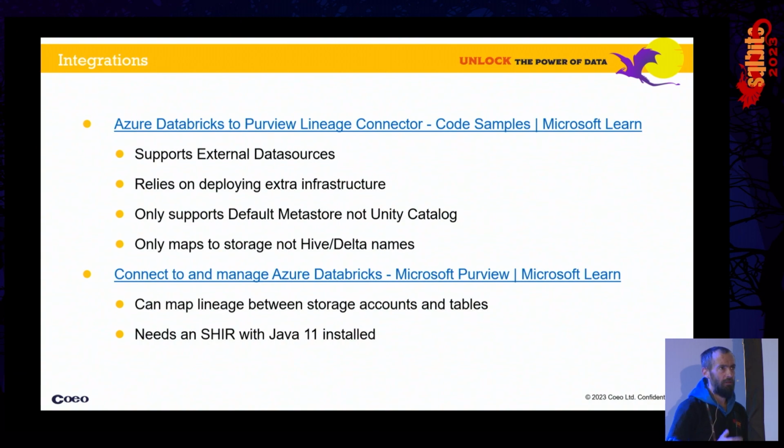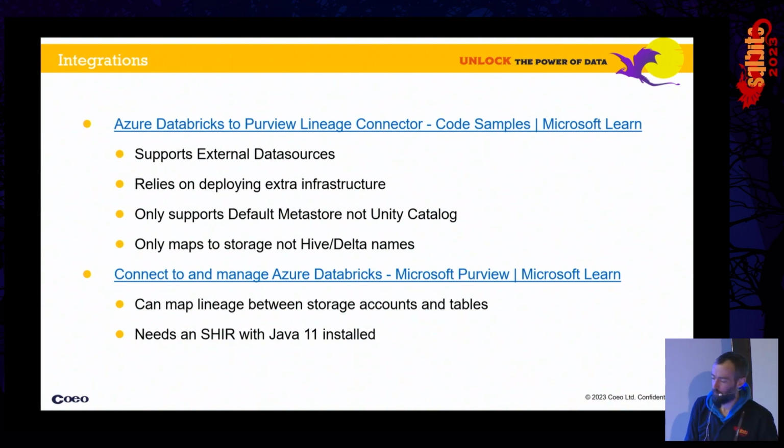So if we were to recap a little bit, we have two data governance solutions. We want to be able to see everything in one place. We have some great APIs we can use. We have some quite severe limitations out of the box of trying to integrate them.